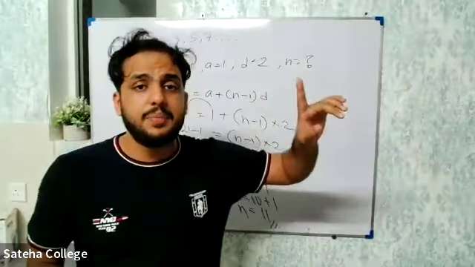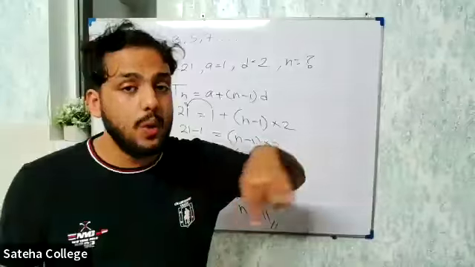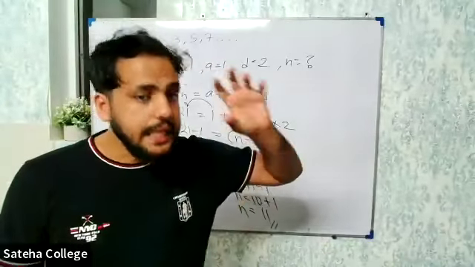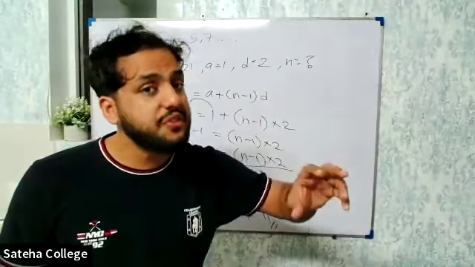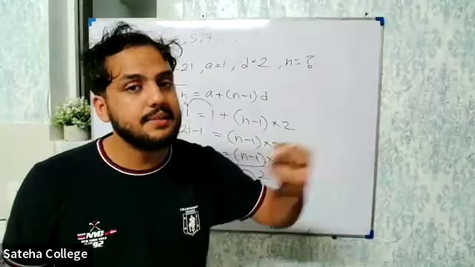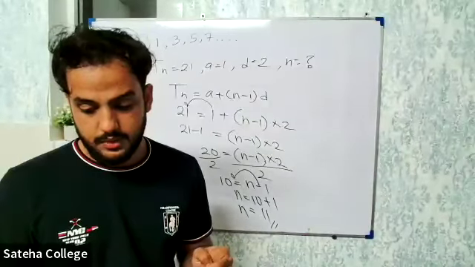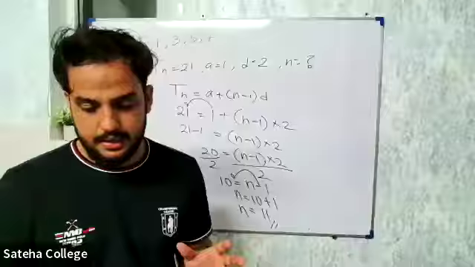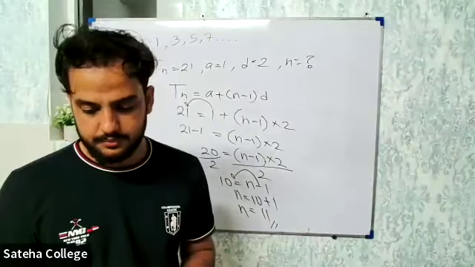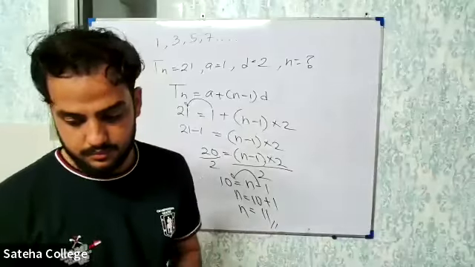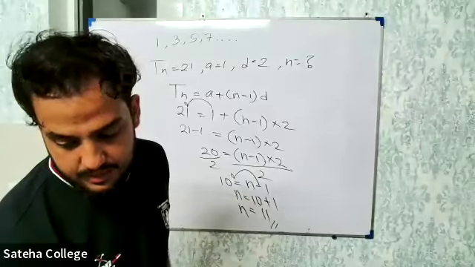Now tell me, is the last term here the 25th term or is it the 26th term? I told you he's making 25 circles.